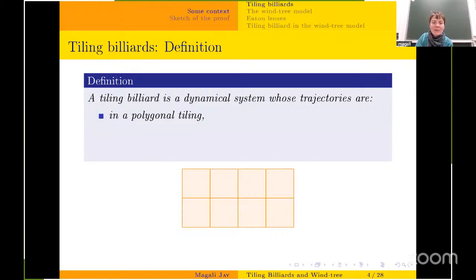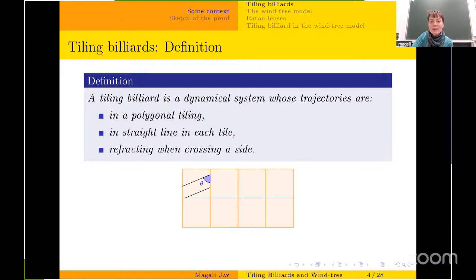Tiling billiards are dynamical systems where the trajectories are in the Euclidean plane. We take a polygonal tiling of the plane, and the trajectories are straight lines in each tile of this tiling, and they are refracted when they cross a side, like this.